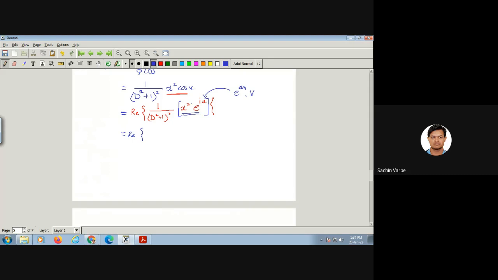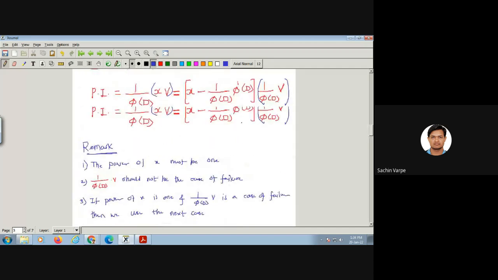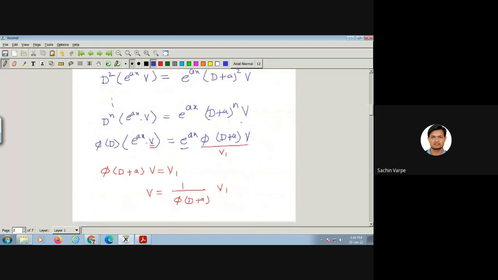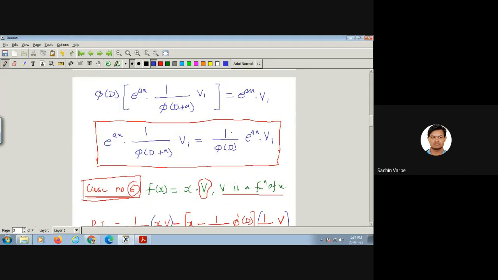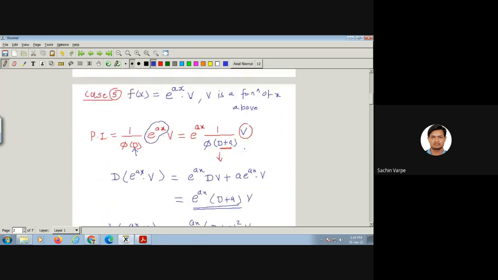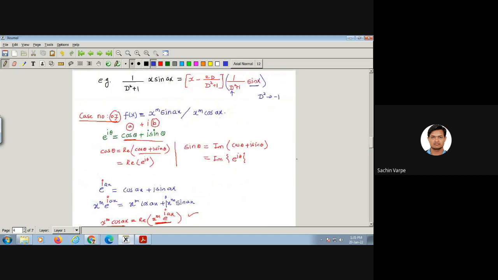So this is of the form e raised to ax into v. So what this case says, एक बार देख लो, case number 5 I guess. हाँ, this one. So what this case says, write the exponential function outside the operator and then replace d by d plus a operated on v, isn't it? So we do the same thing here.